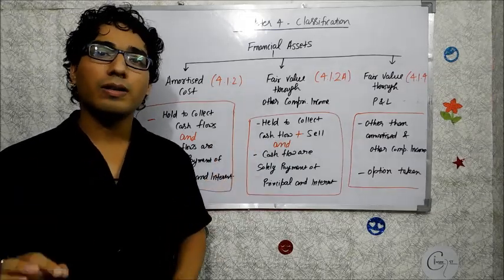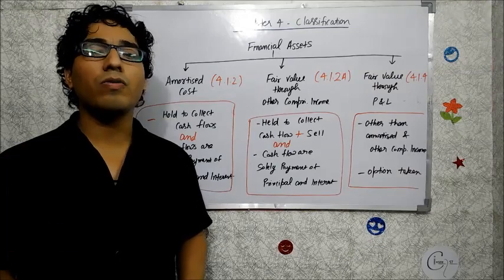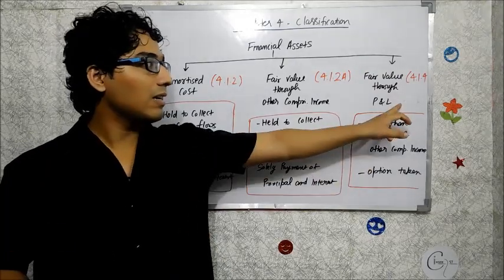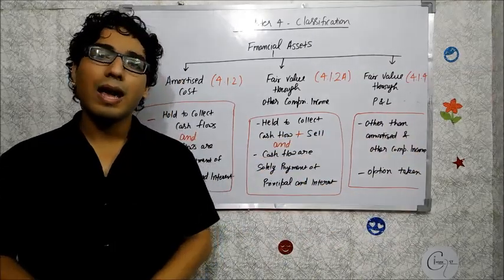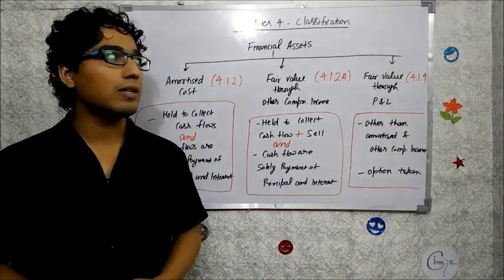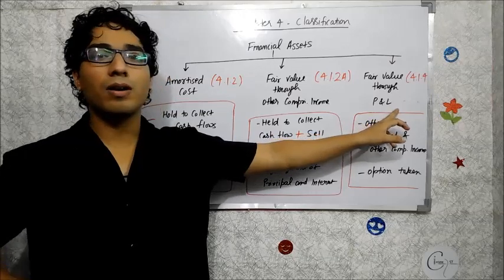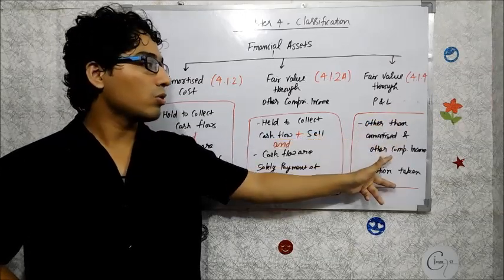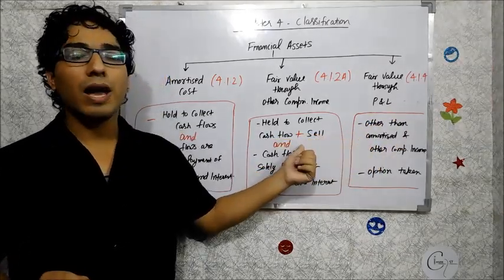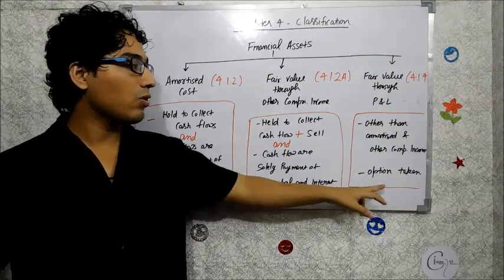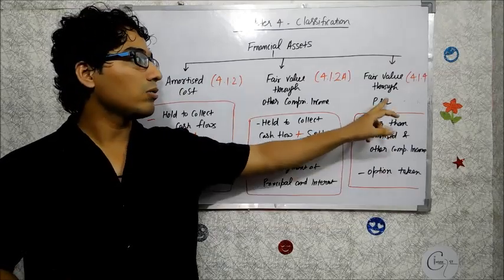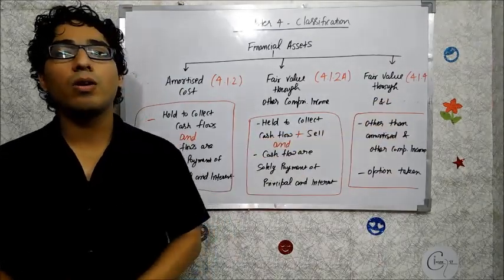But you also have an option: if your case falls into this category but you do not want to classify your financial asset into it, then you can categorize your financial asset into fair value through profit and loss. So if you don't want to categorize your financial asset into these two categories, then you have the option to classify it into fair value through profit and loss.